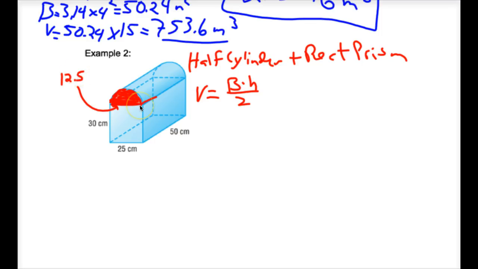And then what would the height of the cylinder be? 50. I got that from looking down at the bottom. I'm going to circle that number. There we go. Got all the important numbers. This is easy. All right, big B is going to be 3.14 times 12.5 squared. The radius squared.